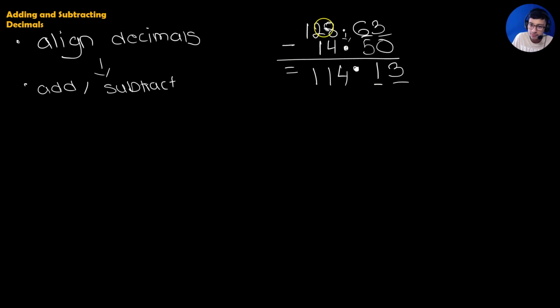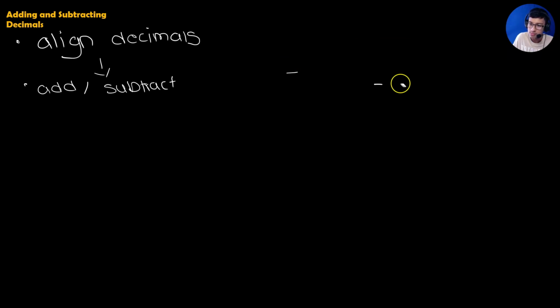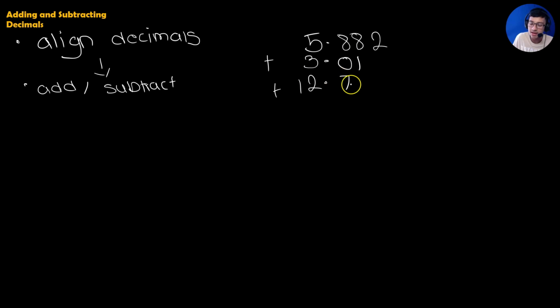Let's try it with a few more. So 5.882 plus 3.01 plus 12.7.